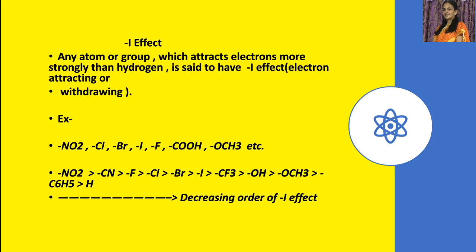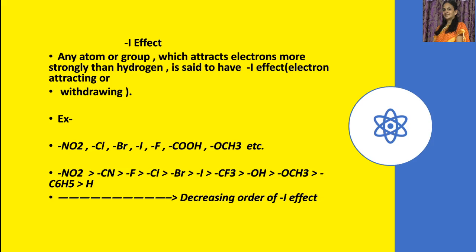Any group which has greater affinity to attract the covalent bond electrons or sigma bond electrons towards themselves than hydrogen is said to exhibit minus I effect or negative inductive effect. So these are the different groups which exhibit minus I effect, and this is the order of minus I effect of various groups we come across in organic chemistry.